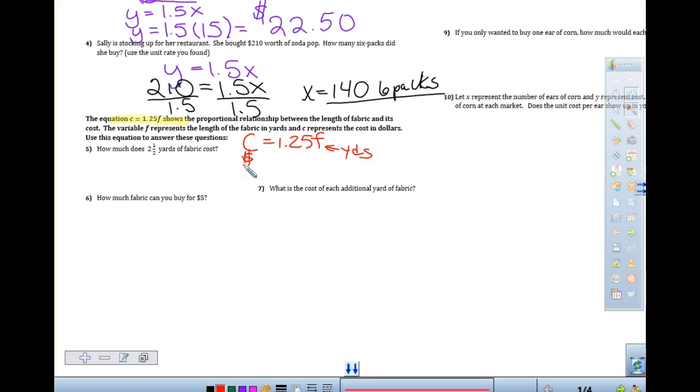So I now need to use the equation. So Ryland, I'm writing my equation. C equals 1.25F. Is the 2.5 going to be the F, or is it going to be the C? Does that make sense, Ryland?